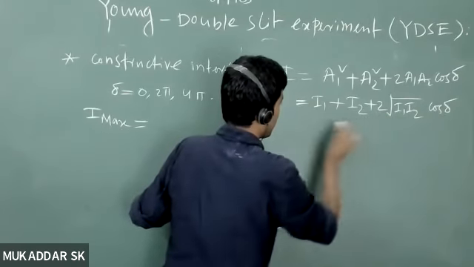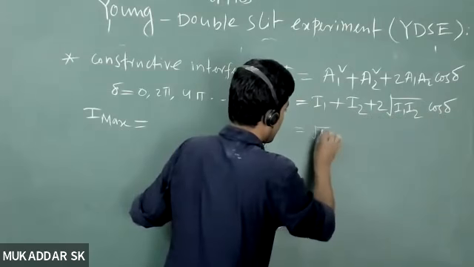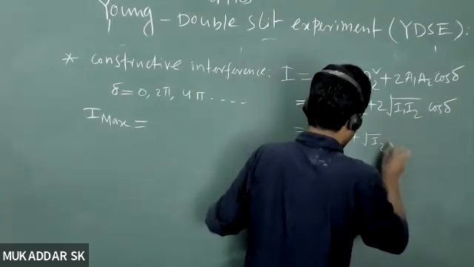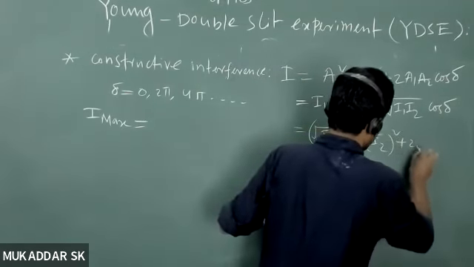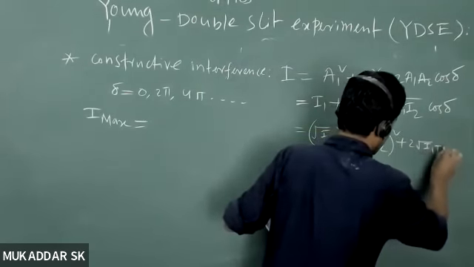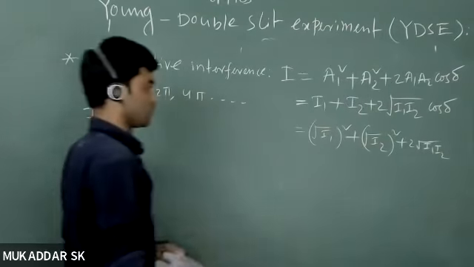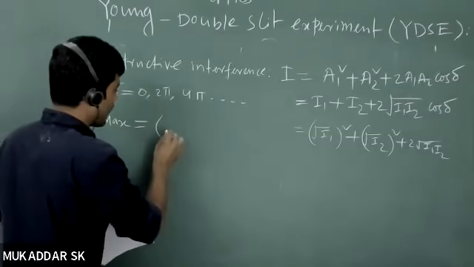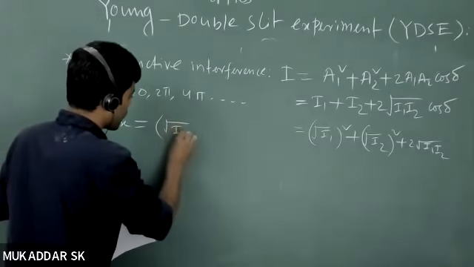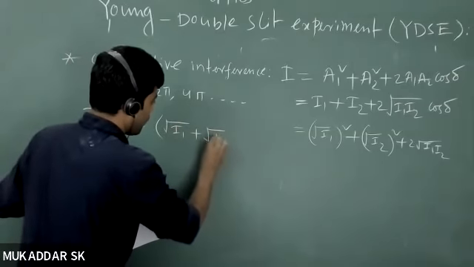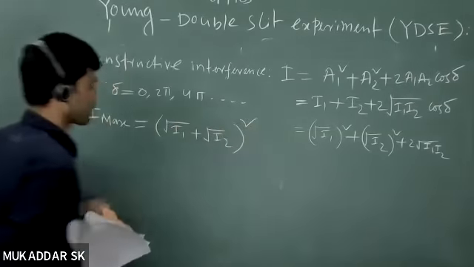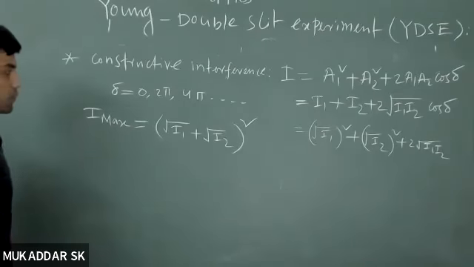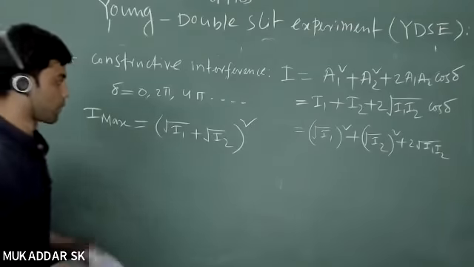So in this case, you can write it like root over I1 square plus root over I2 square plus 2 root over I1 I2 when you have constructive interference. So what can you write for this? It will give you maximum intensity, that will be root over I1 plus root over I2 whole square, right?